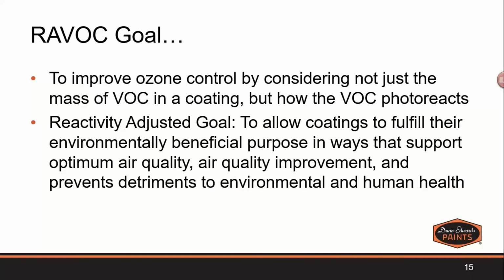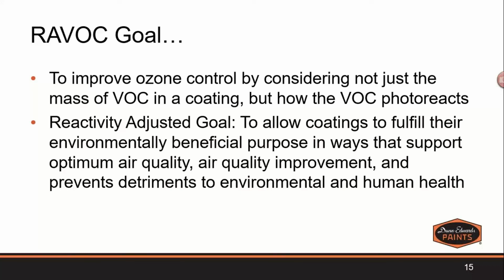So the goal of RAVOC and the goal of this presentation is to show that we can improve our ozone control by considering not just the mass of VOC in a coating, but also considering how those VOCs react or photoreact.